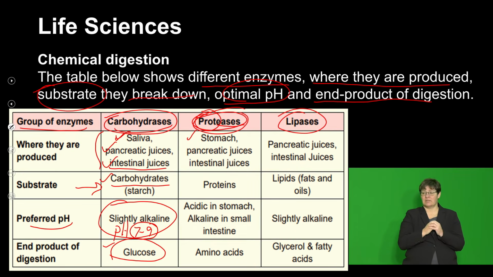The pancreas also produces some important protein-digesting enzymes, along with the intestine. The substrate that all of these target is proteins.